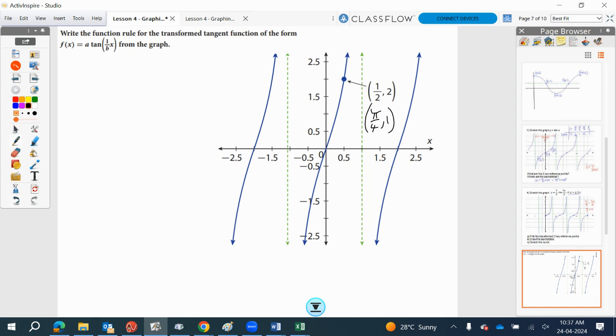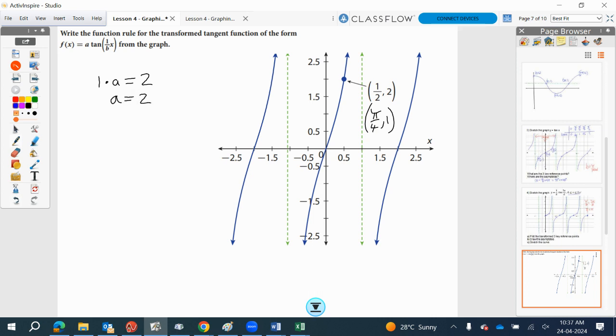We've got 2 transformations. We've got A, which is vertical stretch. A will transform the 1 into a 2 when we multiply. So 1 times A is equal to 2. What does that mean A equals? So A is equal to 2.